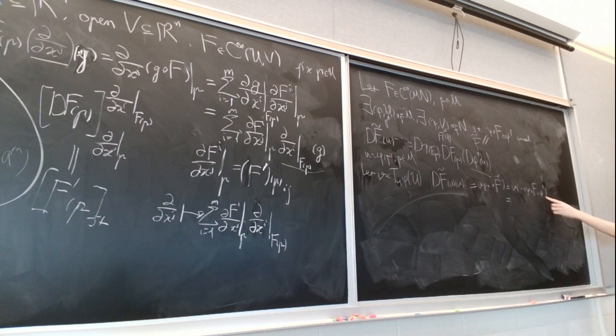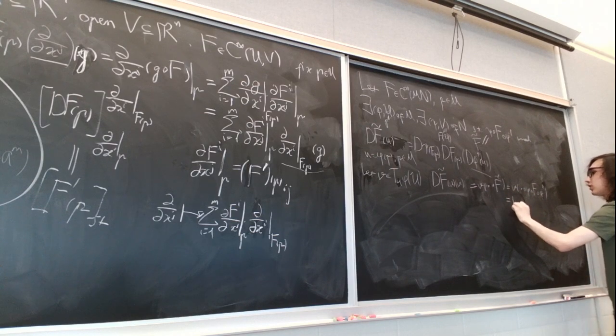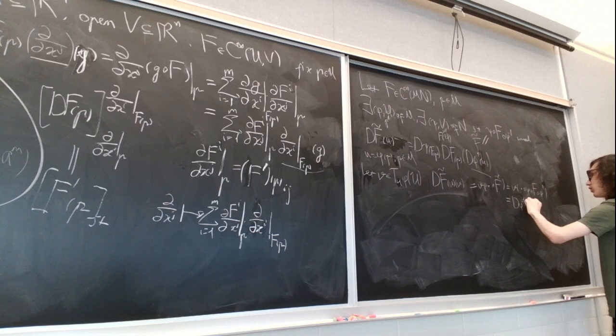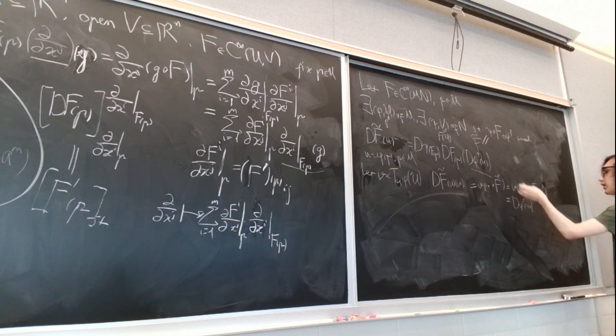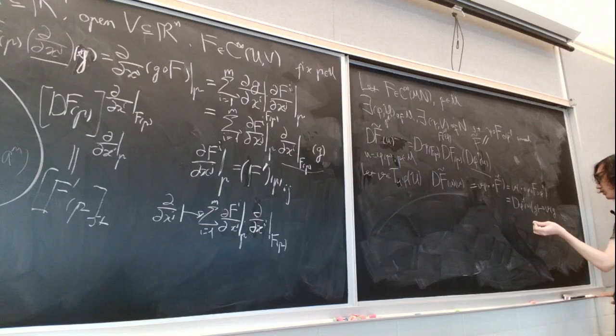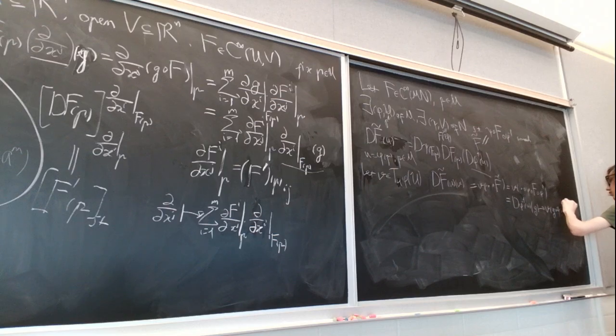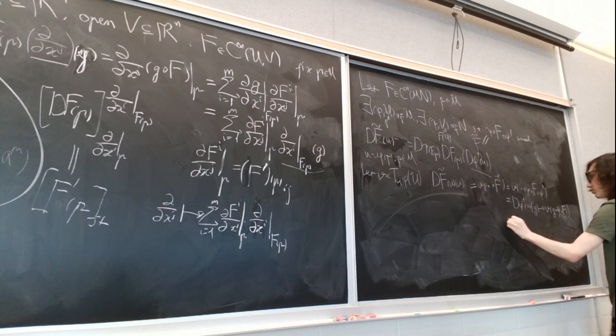We can take this out by doing d phi inverse at u of the function that takes g to v of g of psi of f. Is that right? That is right.